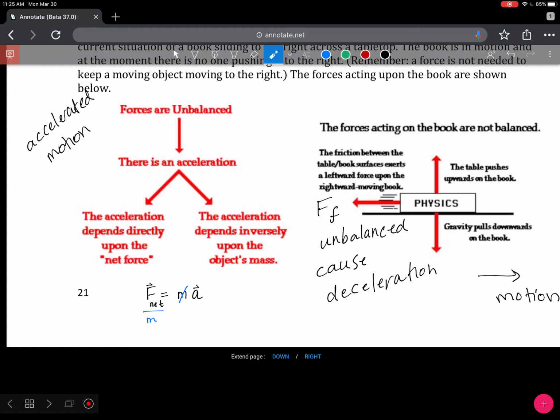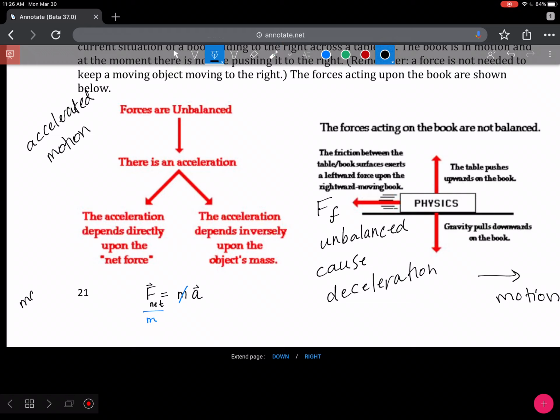For example, if you throw a basketball with all of your might, you could throw that basketball pretty far, and that ball will accelerate quite a lot. Now, if you throw a quite heavy brick with the same amount of force, it likely will not accelerate as much because it has more mass. And so acceleration depends on mass.